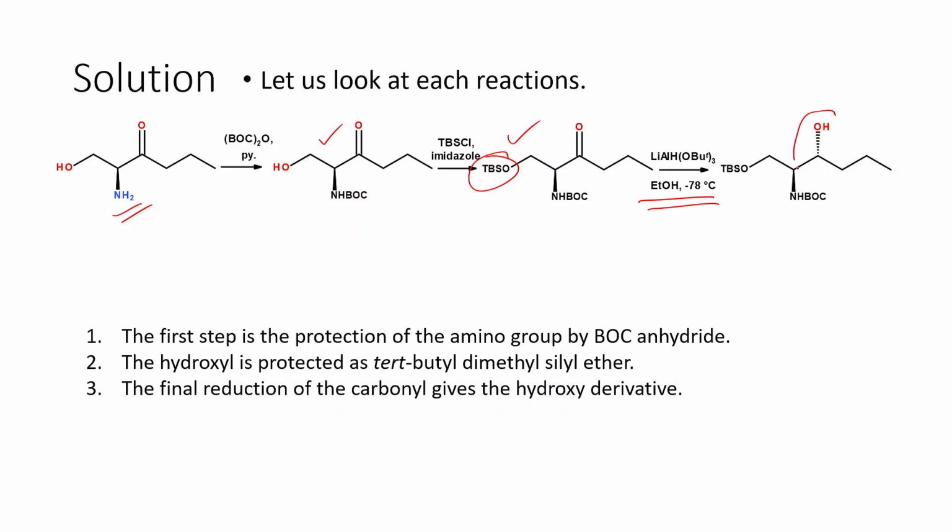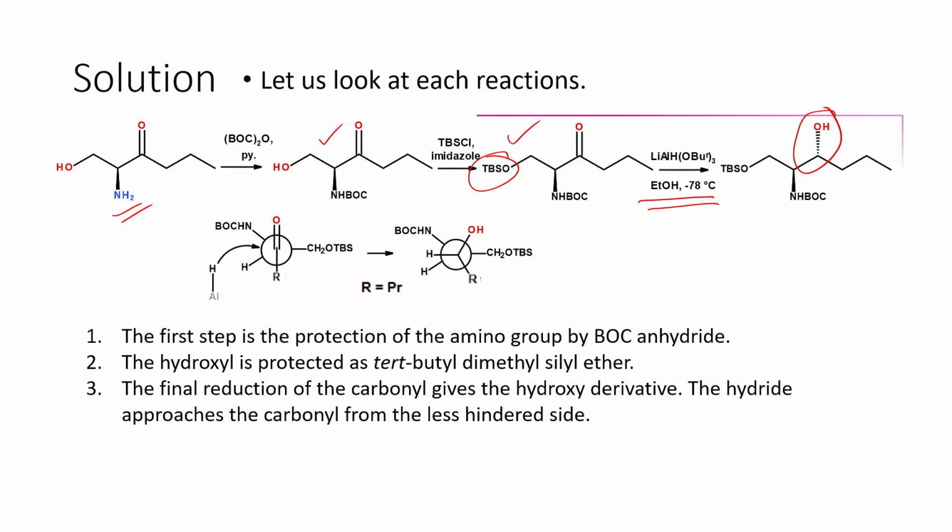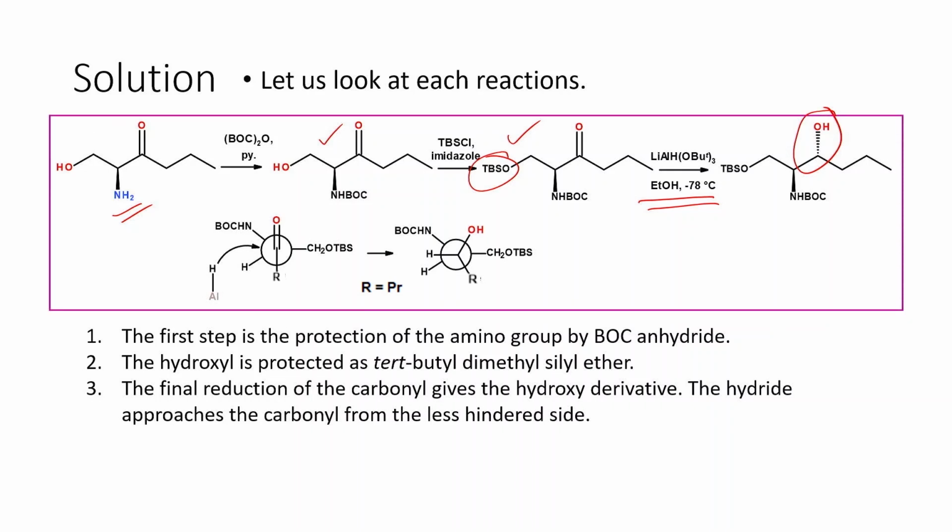Here we have the hydroxy group that is away from the observer. This is a little bit complicated to understand, and we have to use certain models to find it out. The model we are going to use is basically the Zimmerman-Traxler model to find out how this reduction actually takes place.